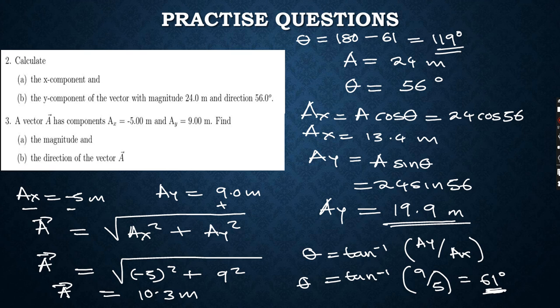After we found the direction to be 61, we were given the x component to be negative 5, so it is negative, and the y component was positive. Since the x component is negative and the y component is positive, the vector is in the second quadrant. And in the second quadrant, we subtract the direction from 180. That's why we had this. So this is how important the quadrants are.